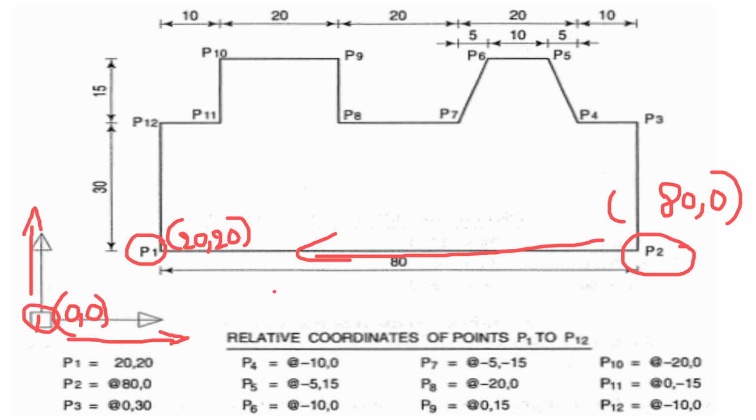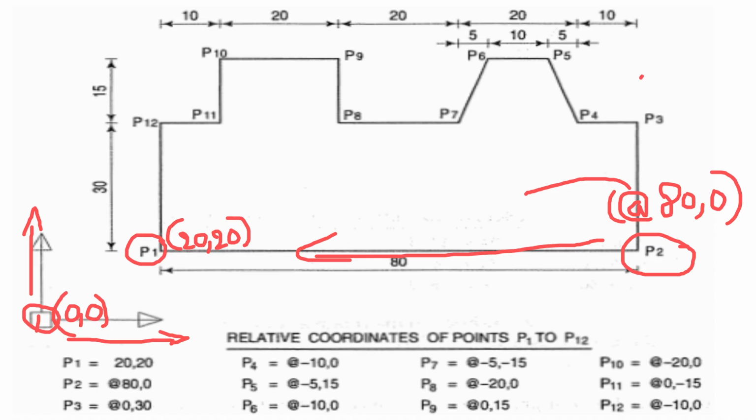So there is a difference between the absolute and relative coordinate systems. We differentiate with the at the rate symbol. When I write the at the rate symbol, it indicates the relative method.